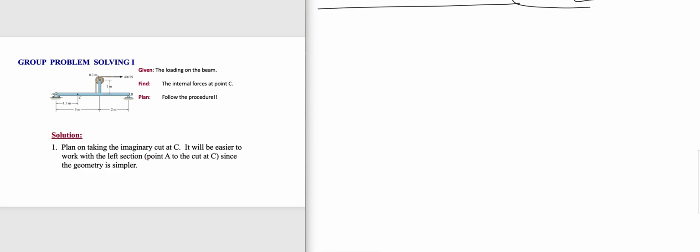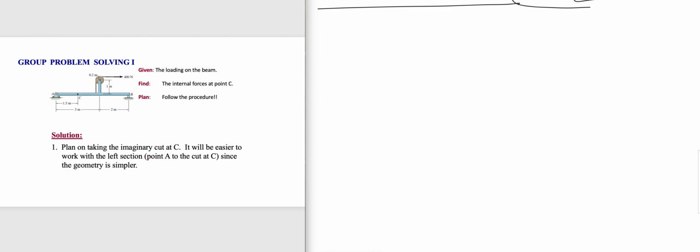What's your idea? Which part do you want to consider? Do you want to consider AC or CB? You think CB is too complex? Let's just take AC because it's simpler. It looks simple.